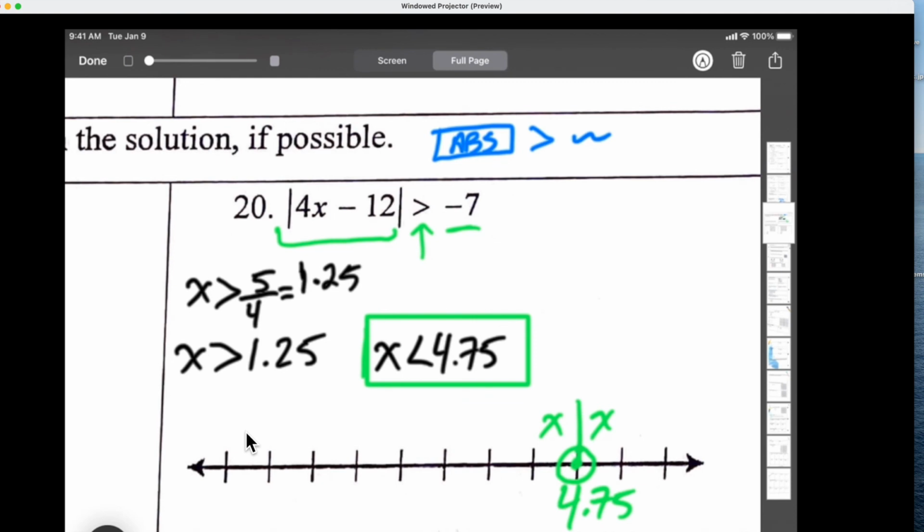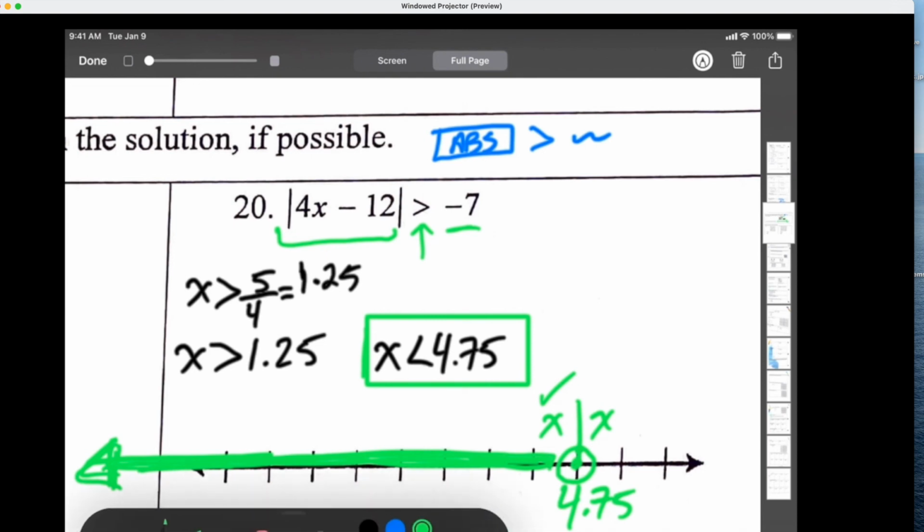It's an open circle. This is telling us we want to choose the x that is less than 4.75. Which of these two x's is less than 4.75? It's this one. Therefore, we're going to shade everything to the left here. All the way down to negative infinity. Let's do the other one now.